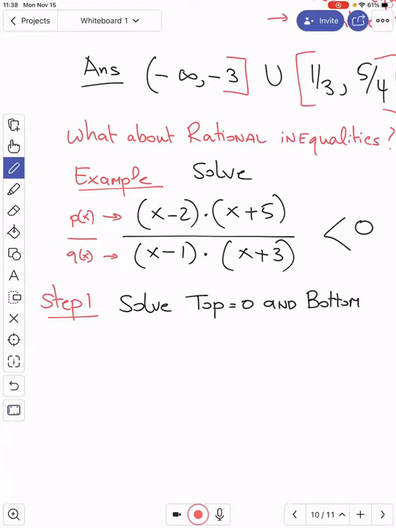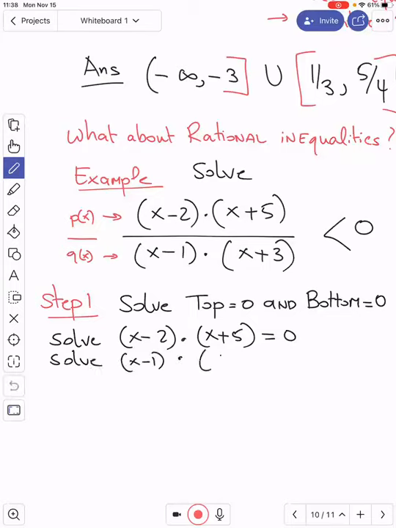So we solve x minus 2 times x plus 5 equal to 0, and x minus 1 times x plus 3 equal to 0. Instead of just one polynomial, we have two polynomials, one in the numerator and another in the denominator. But the idea is just the same: you need to solve both of them equal to 0.